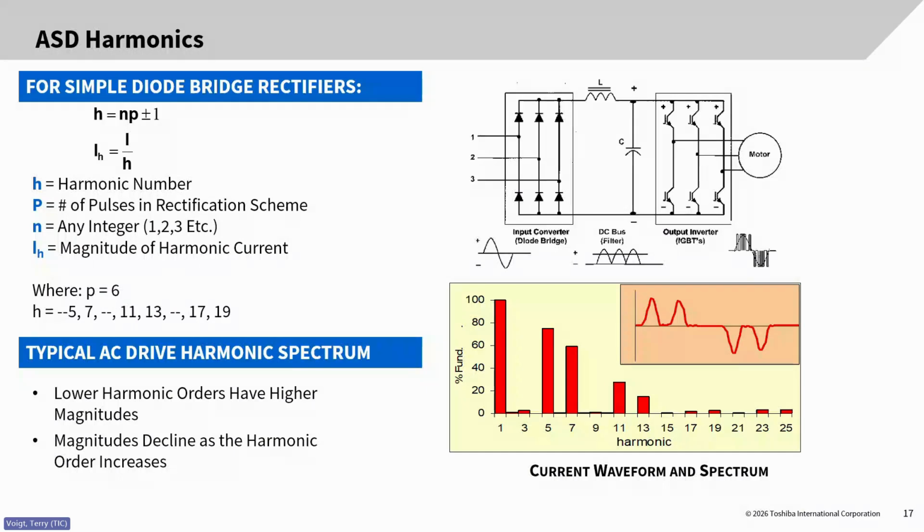So the input converter, or the diode bridge, is the first part that converts AC to DC. The second part is a capacitor section, and then the output part is the IGBTs, right? So it's that first part, that AC to DC conversion, that's ultimately where the harmonics are being generated.